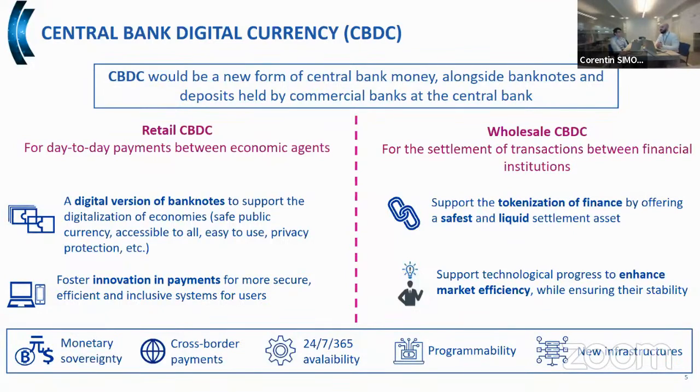Cross-border payment improvements, which can obviously be improved, even though DLT is not the silver bullet here, but it could help to rethink the systems that we currently have. More availability, with 24/7 and every day of the year. Maybe having some programmability, at least on money and/or payments, and adapting to the new infrastructures that are currently built by the ecosystem.